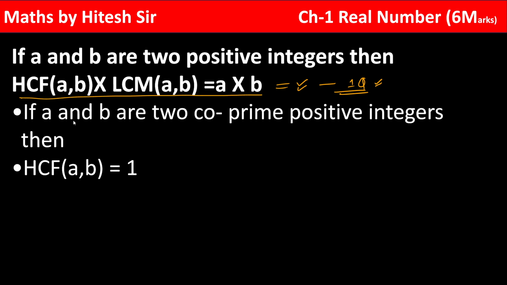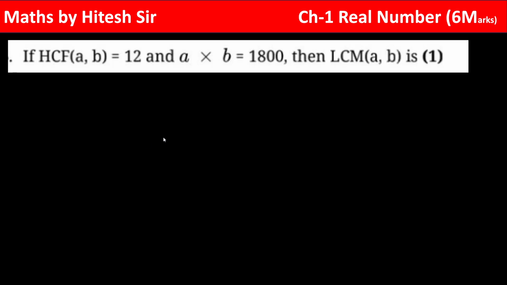Okay, if A and B are two co-prime numbers, then the HCF should be 1. Co-prime numbers means that if the HCF of two numbers is 1, then we can say they are co-prime numbers.